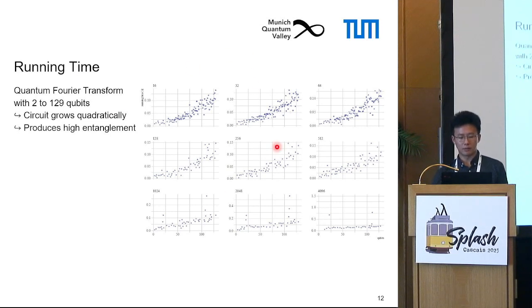Looking at this plot of our runtime, you will see that, looking at this trend, our runtime only grows polynomially with the number of input qubits. And as you increase the allowance for the complexity of the entanglement, the time required to complete the optimization increases.